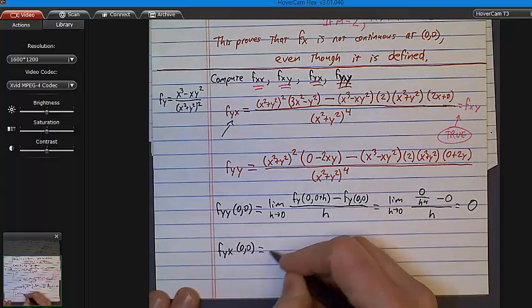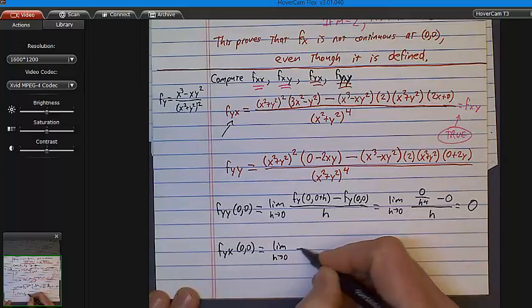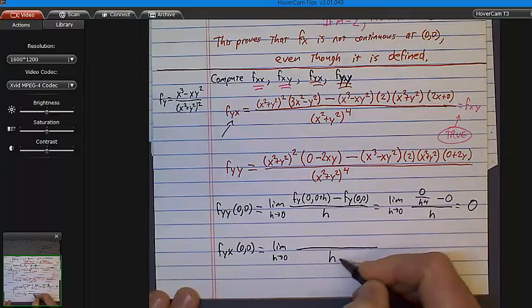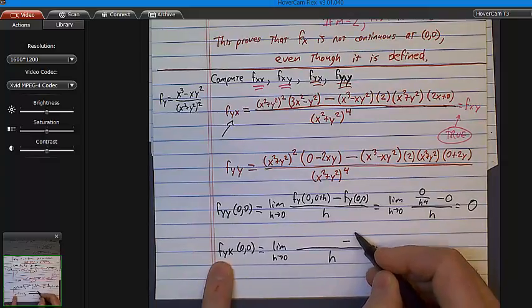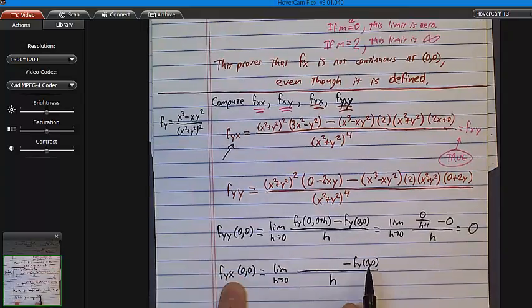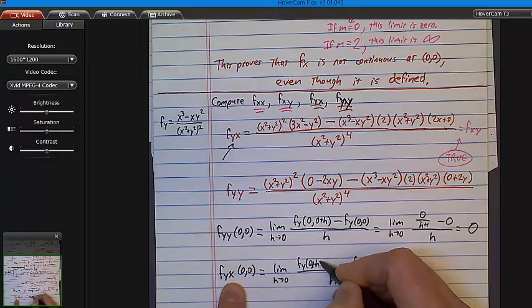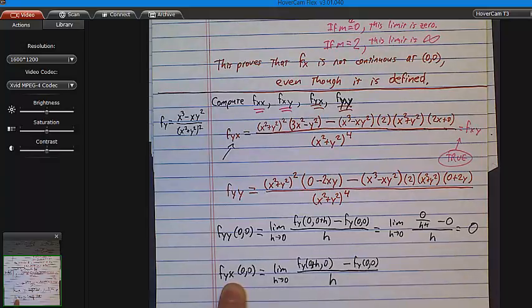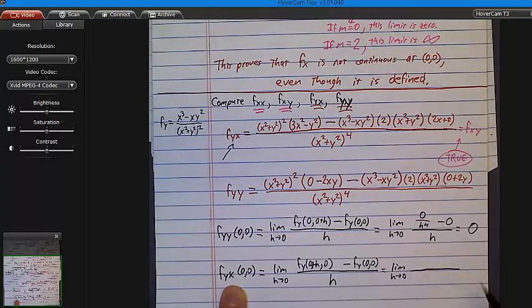I say it's the limit as h approaches 0 of, what do I put over here? Well, again, we're using f_y. What's the difference? If I'm taking the partial with respect to x, it's going to be f_y of (0 plus h, 0), right? And so the difference is, this is the limit as h approaches 0 of what?